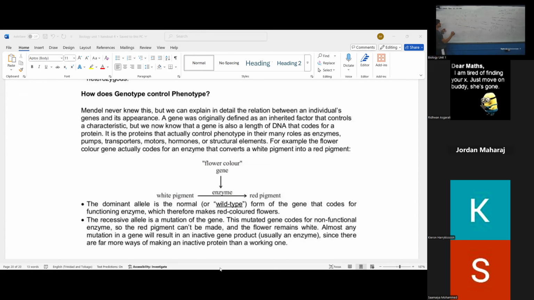For our F2 generation, we cross 2 members from our F1 generation. So what are the members from our F1 generation? Capital S lowercase s, capital Y lowercase y, crossed with capital S lowercase s, capital Y lowercase y. Again, both of them are phenotypically smooth and yellow.